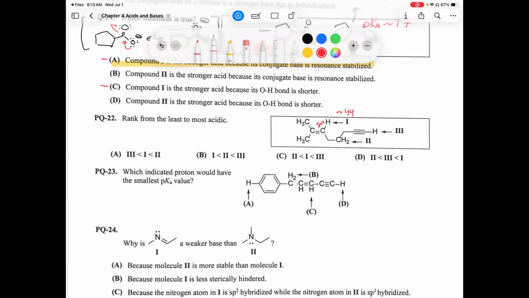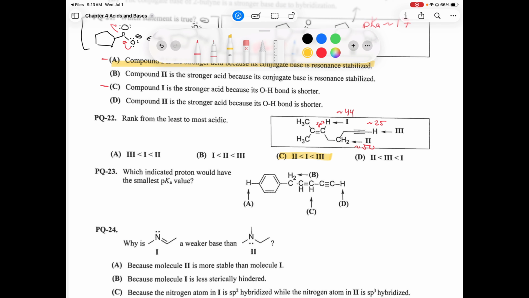Here we have an alkyne, so this is going to be close to 25. And this one here is an alkane, so we're going to say close to 50. There you go. Right away, just based off of pKa values, 3 is the most acidic, 2 is the least acidic, and so the answer is going to be C.